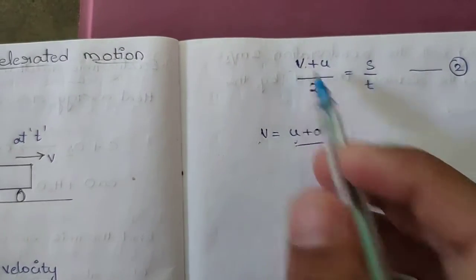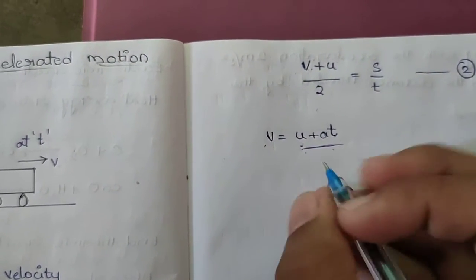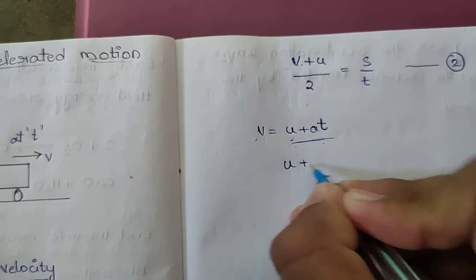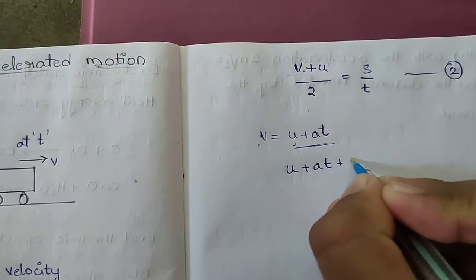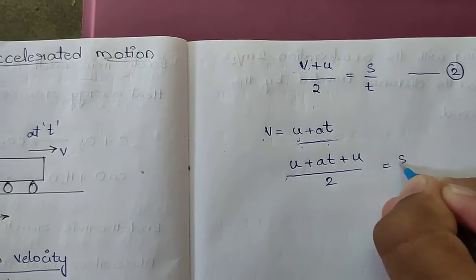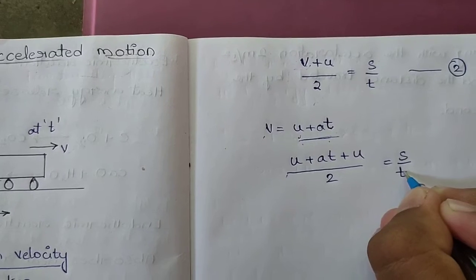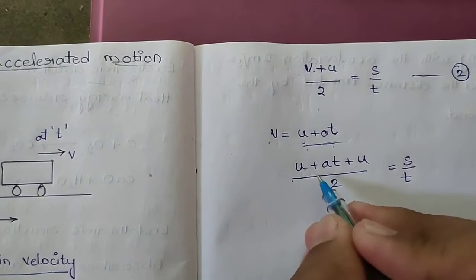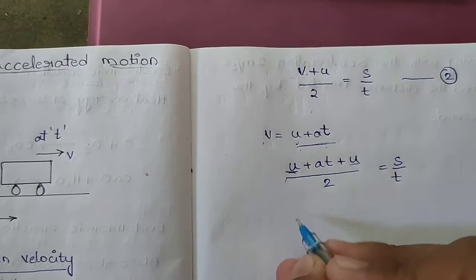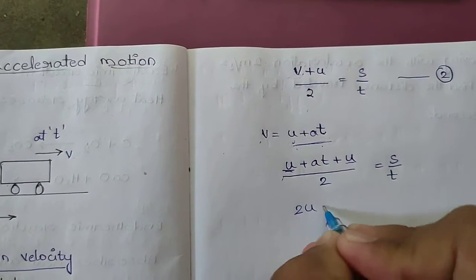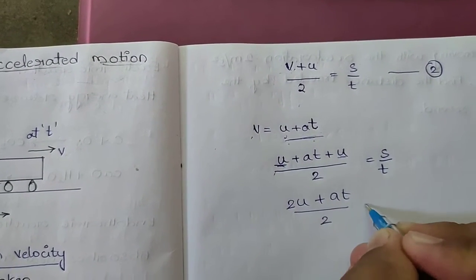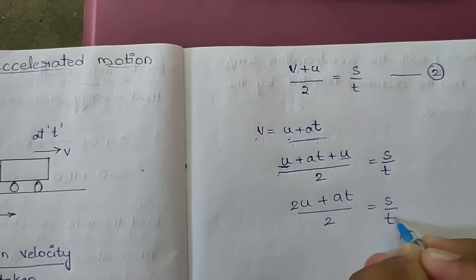I'll write it as u plus at plus u, the whole divided by 2, is equal to s by t. Now this is u again, so I can add both u's as 2u plus at, whole divided by 2, is equal to s by t.